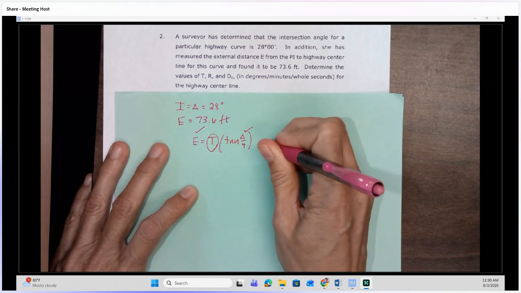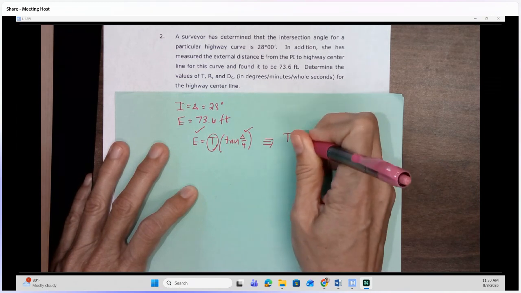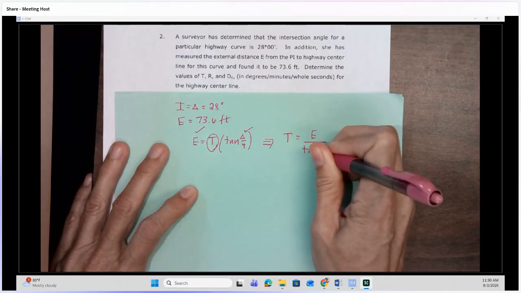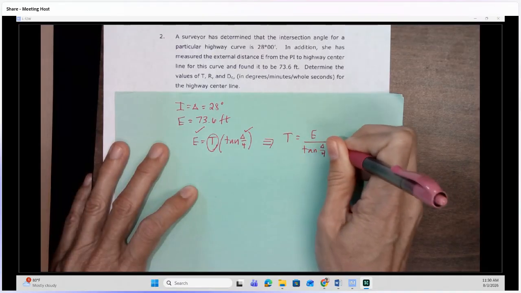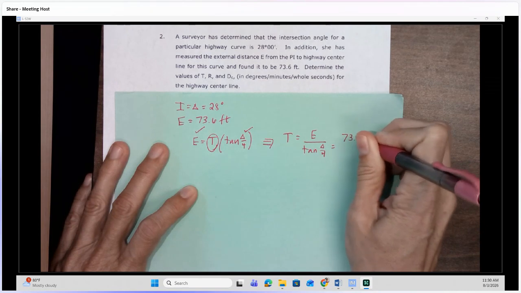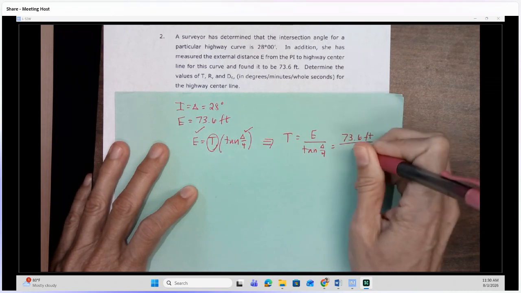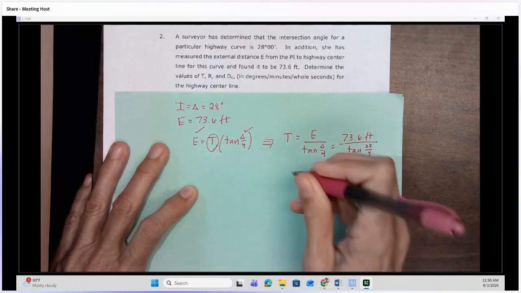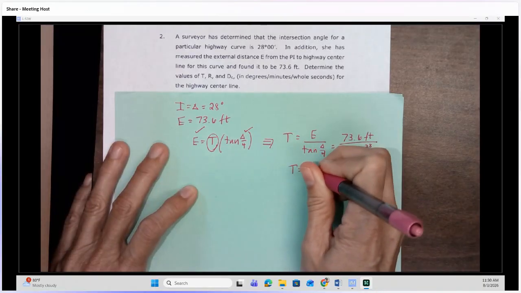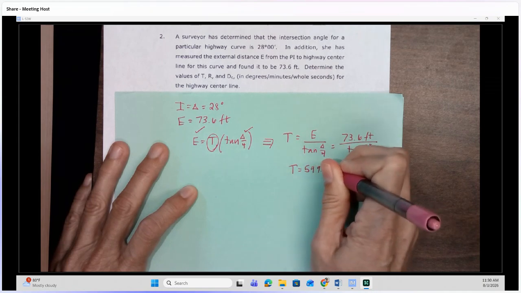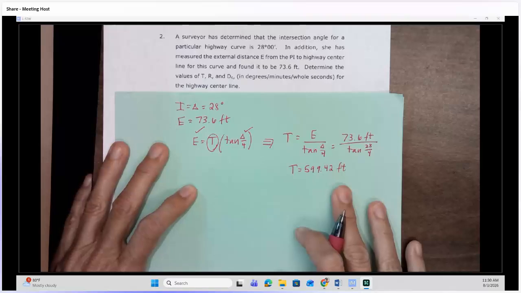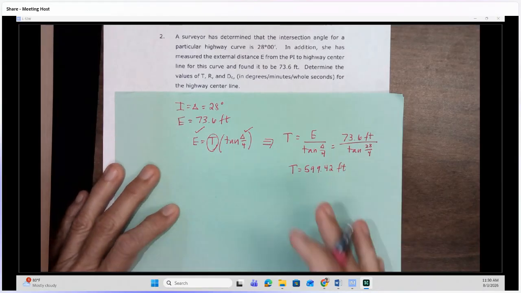We'll rewrite that algebraically. So the tangent is going to equal E divided by the quantity of tangent delta over 4. That becomes 73.6 feet divided by the tangent of 28 over 4. So my tangent value becomes 599.42 feet.